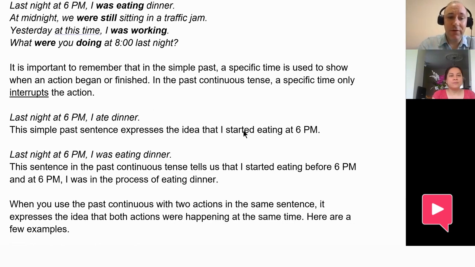Okay, so notice that in the simple past, a specific time is used to show when the action began or finished. But in the past continuous, the specific time only interrupts the action. So, for example, I could say, I ate dinner at 6 o'clock, but so that sort of shows the exact time that I ate.